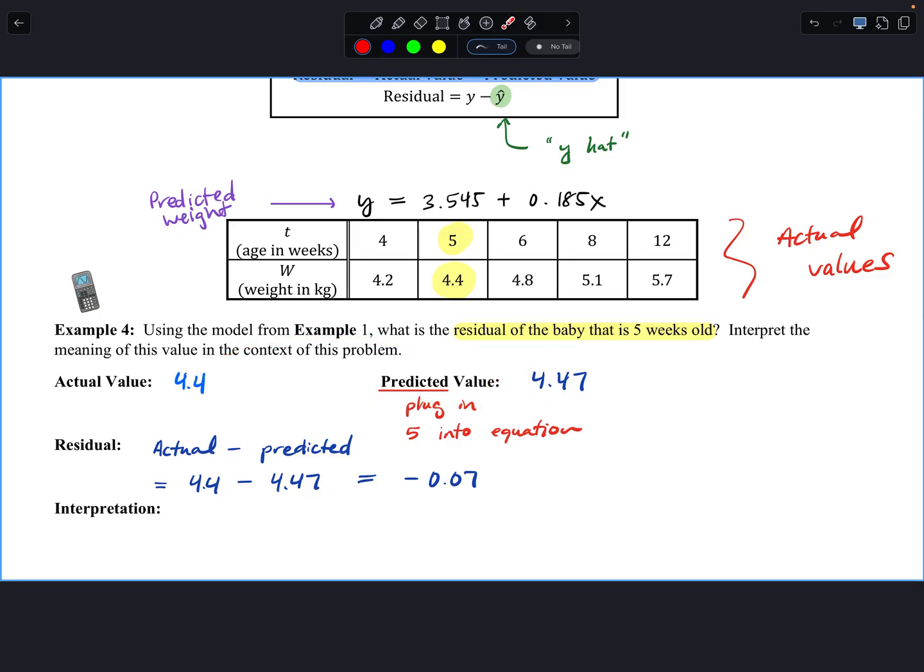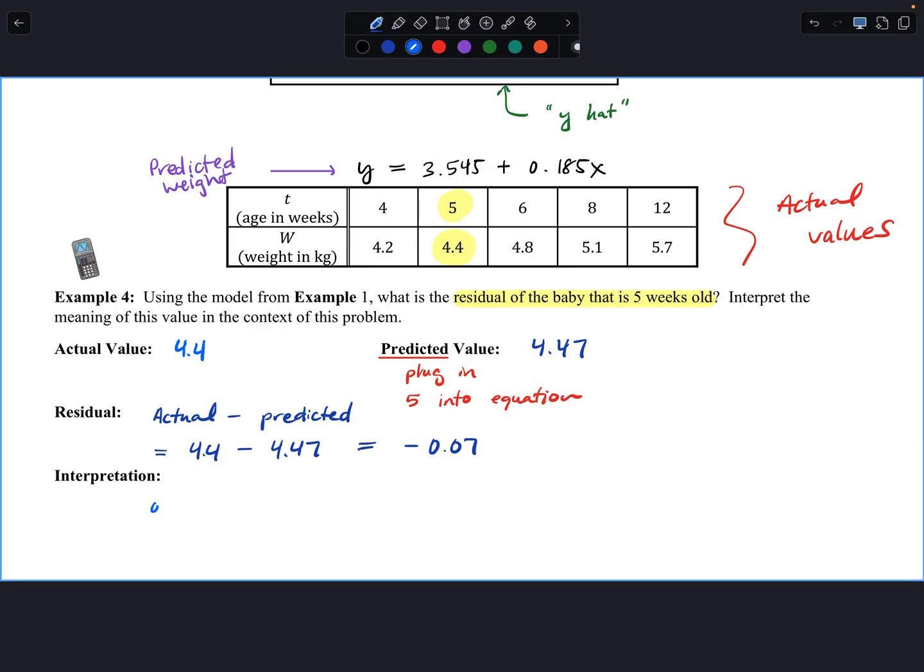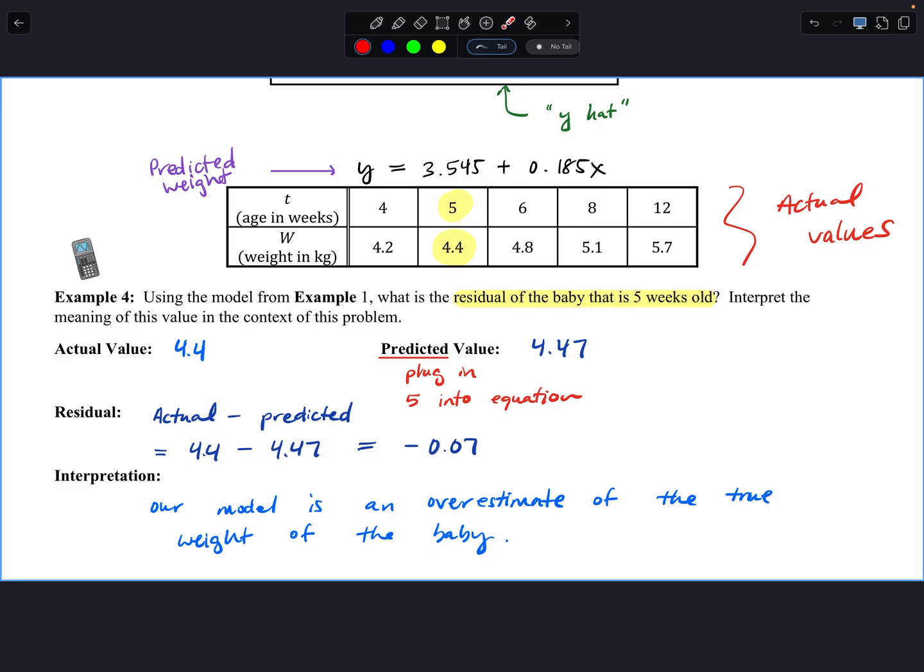Okay, so what you would say then is our model is an overestimate of the true weight of the baby. Now, if this was positive, that means that our model is an underestimate, because that means that the actual value is more.